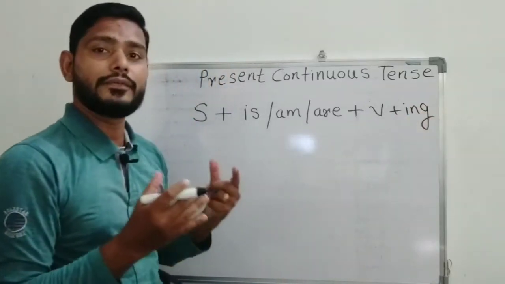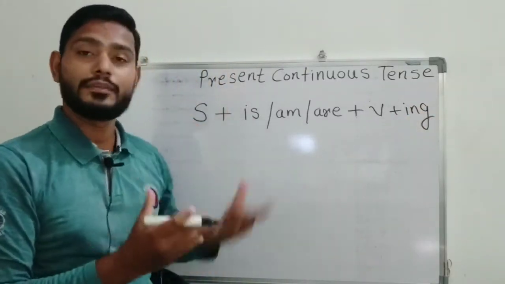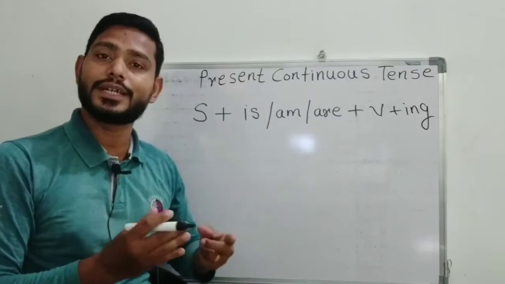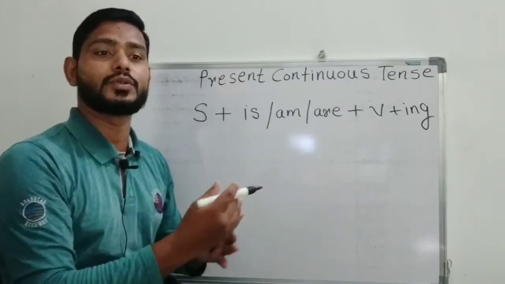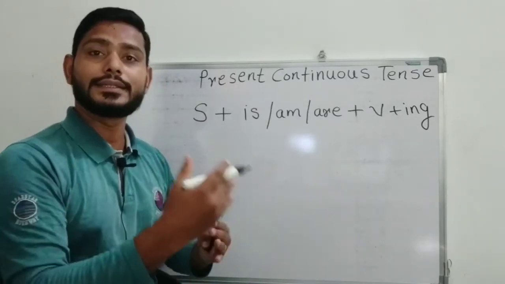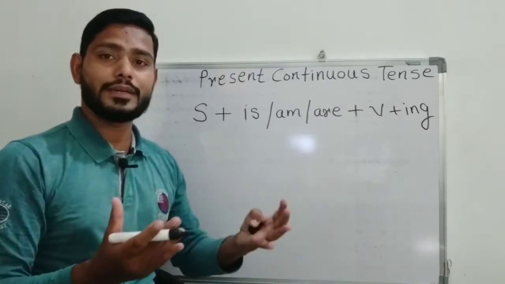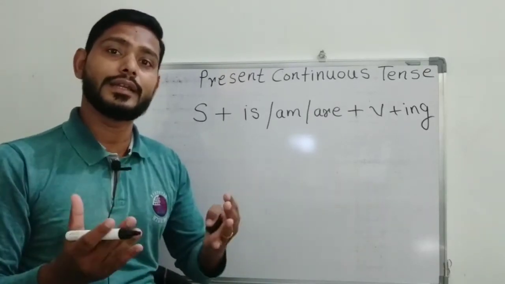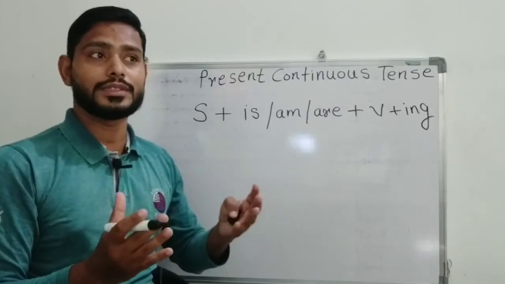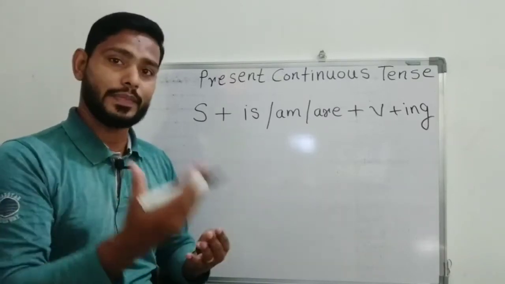So this is the very basic structure of present continuous tense, and present continuous tense is used to talk about an action that is happening now. For example, what action can you see now? Something that is going on now. Yes.